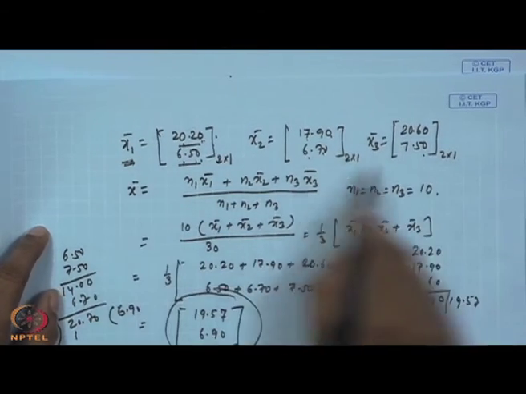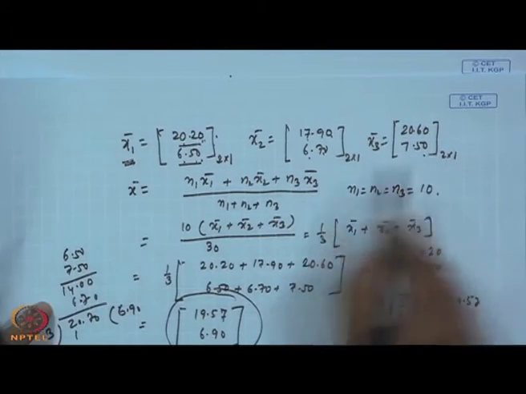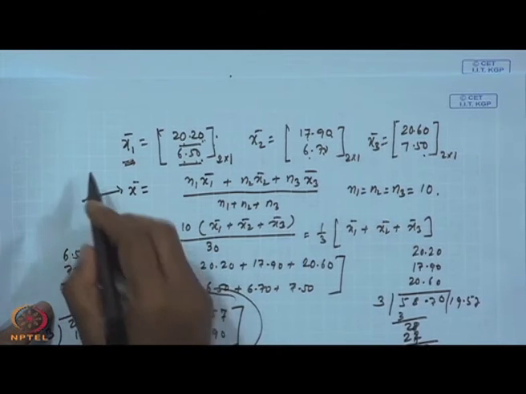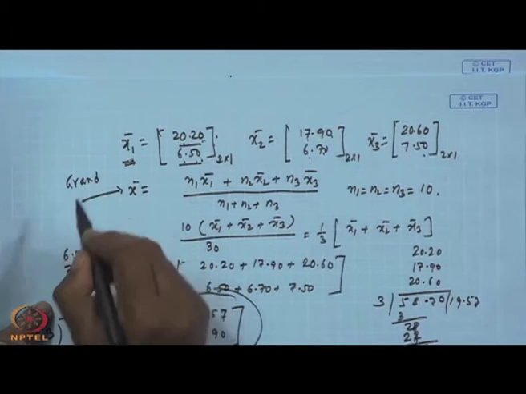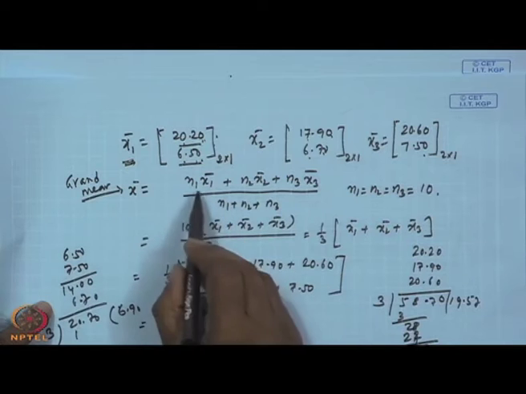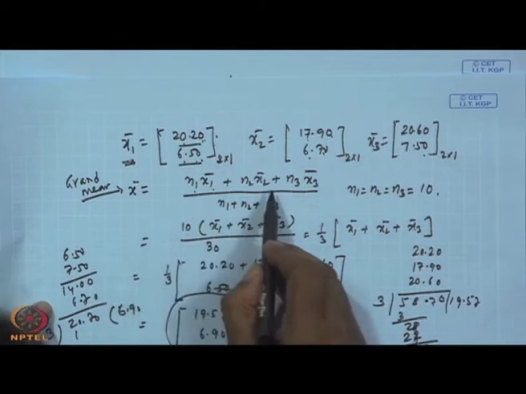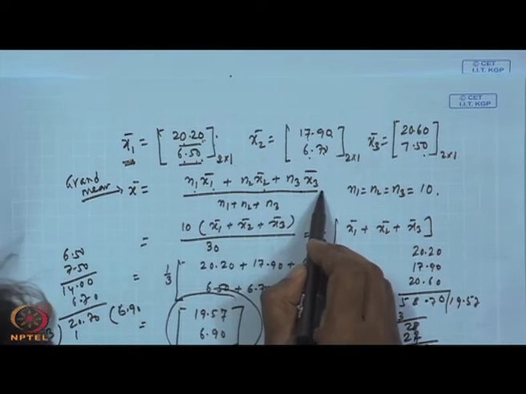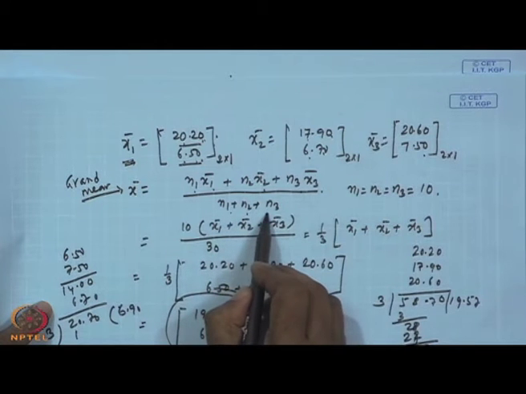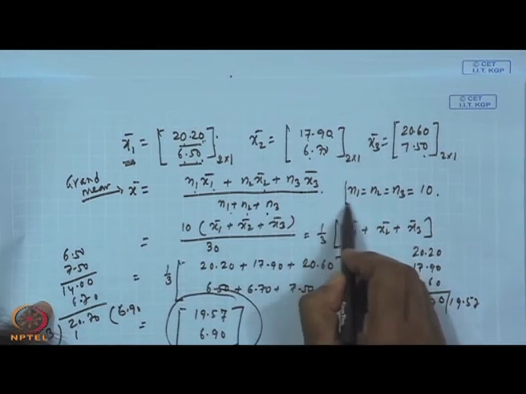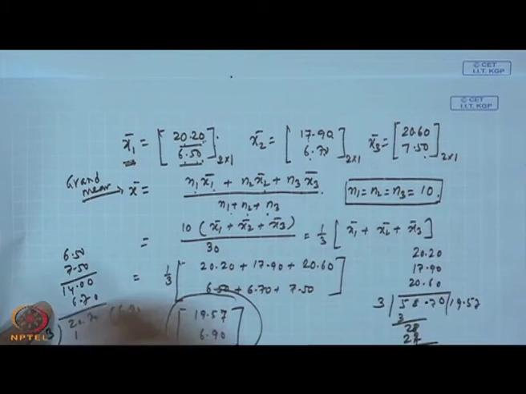Using these three mean vectors, you have computed the grand mean. The grand mean is n1 x1 bar plus n2 x2 bar plus n3 x3 bar divided by n1 plus n2 plus n3, and in our case it is the equal sample size case.